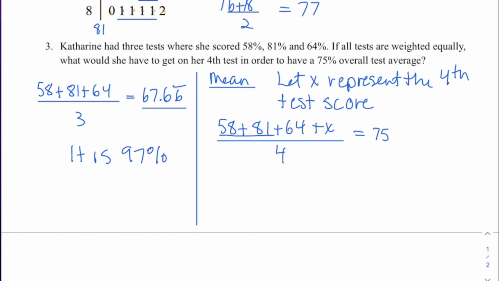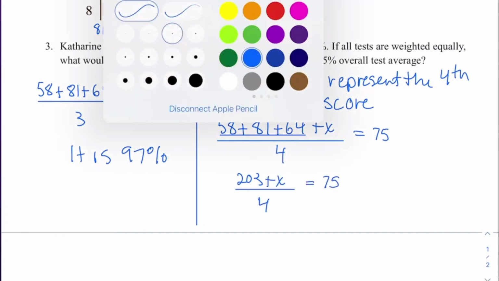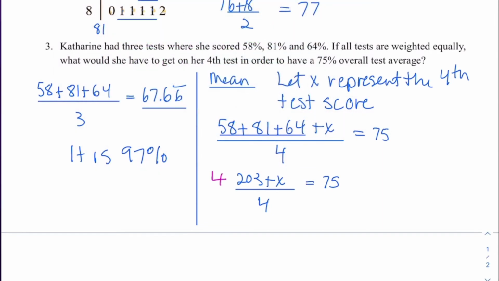Now I'm going to add 58, 81, and 64. That's 203 plus X over 4. And then, of course, I would multiply both sides by 4 to cancel out the 4 here, which we know how to do. So that's 203 plus X equals 300.